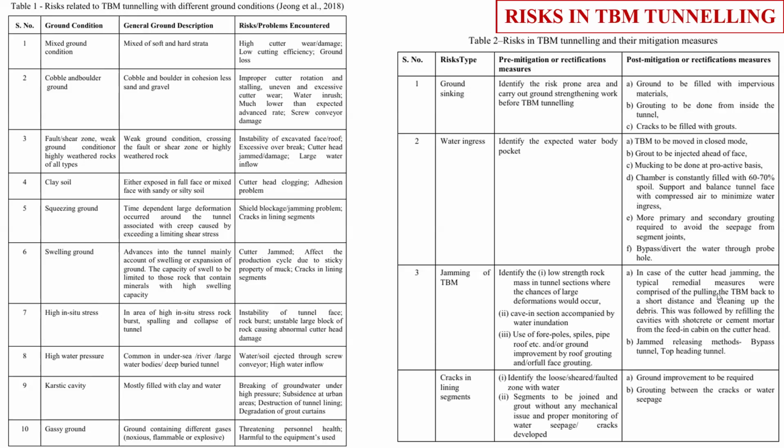Sometimes we get cracks in the bolt pocket, sometimes on the body, sometimes on the leading edge of the segments. Sometimes we get hair cracks, sometimes line cracks, and sometimes the crack width is very high, water is coming out of the cracks, grout is coming out of the cracks. So this is one of the very common problems.